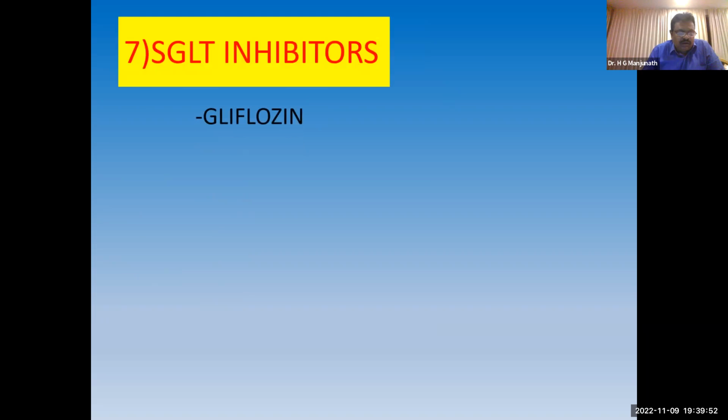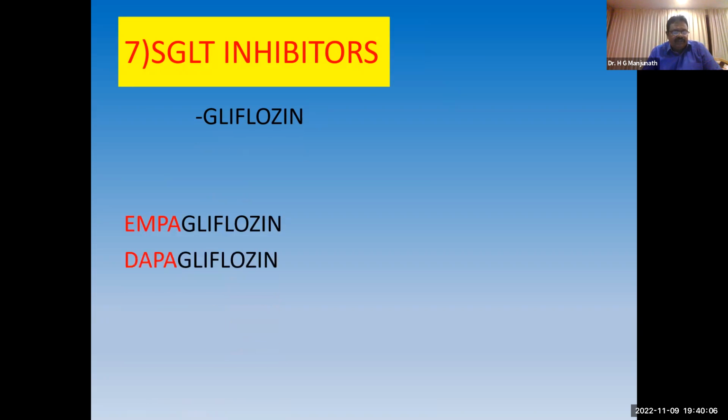The seventh one is the SGLT inhibitors, that is sodium glucose transport inhibitors. They have the suffix gliflozin. These are the drugs canagliflozin, dapagliflozin, and empagliflozin. These drugs mainly affect glucose absorption at the renal tubules.